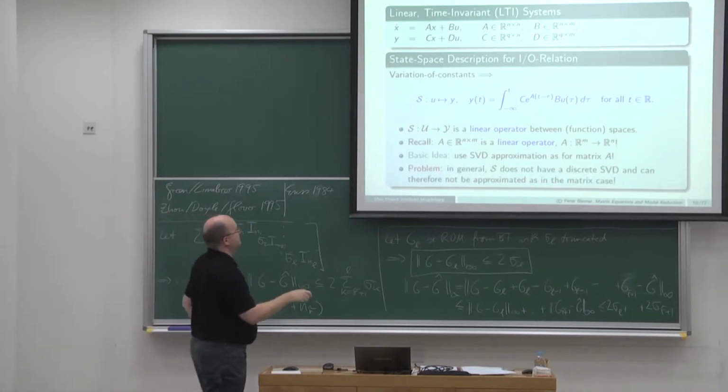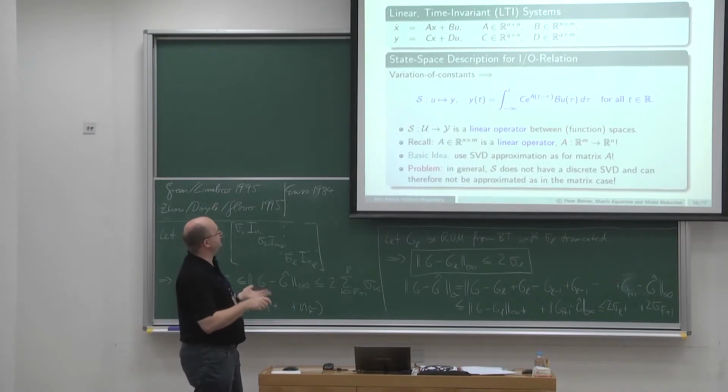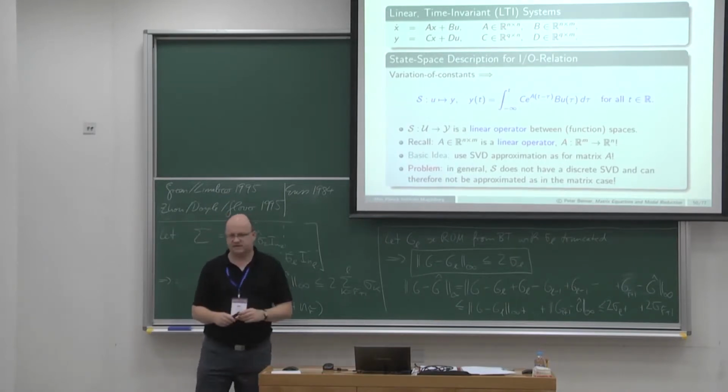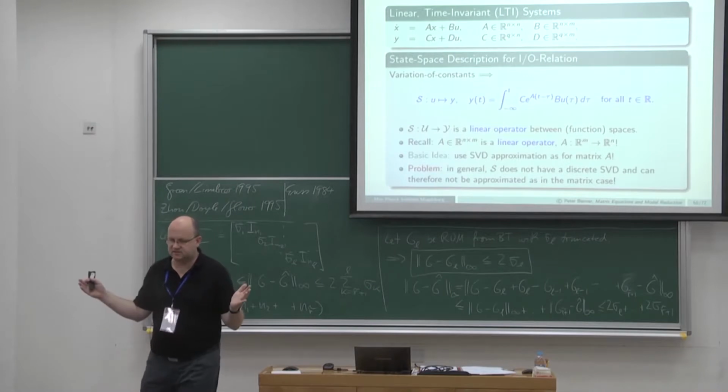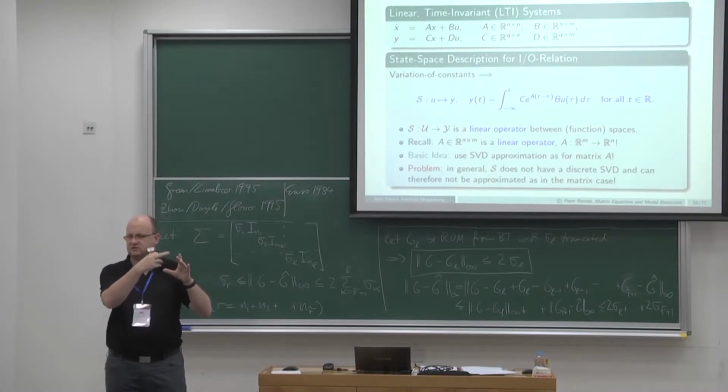so that's what I already said. We want to do the same thing as for the matrix for that operator. We can't do it because this operator doesn't have an SVD, or at least not a discrete SVD. If you have a continuous part of the singular spectrum, that doesn't work for approximations. You wouldn't know what to take from this continuous part.